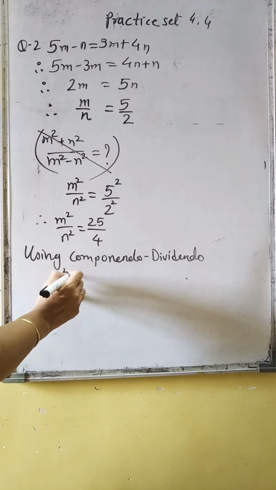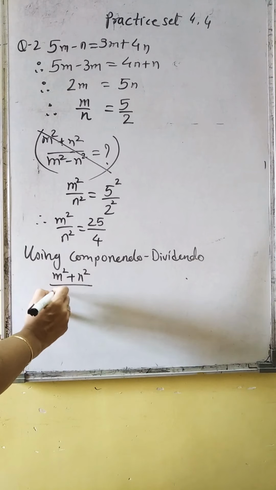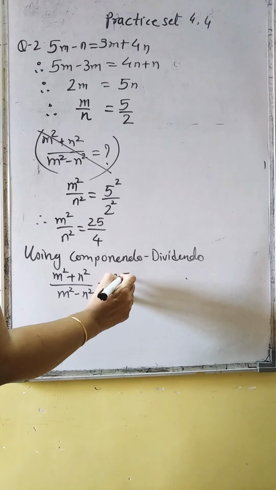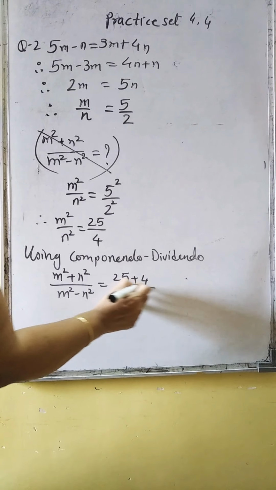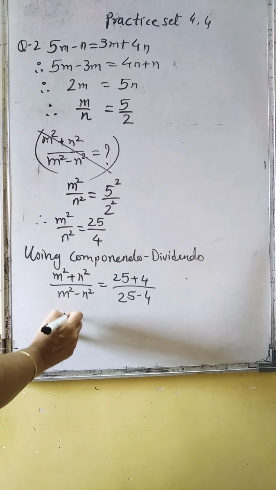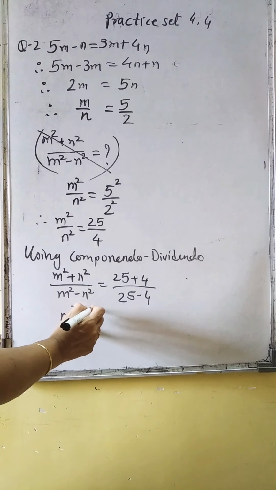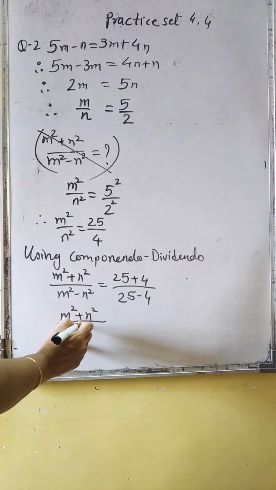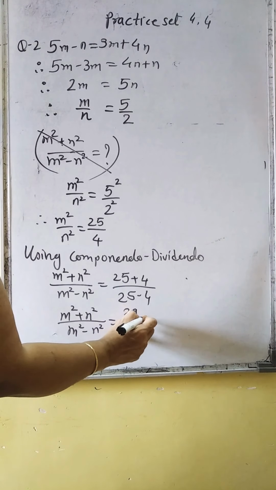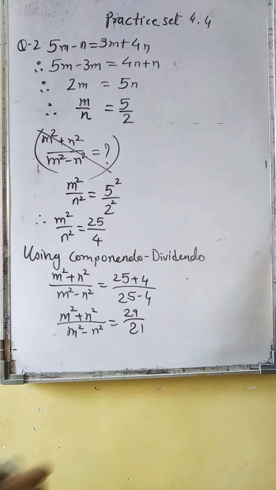So m square plus n square and m square minus n square will be 25 plus 4 upon 25 minus 4. So m square plus n square upon m square minus n square is equal to 29 upon 21.